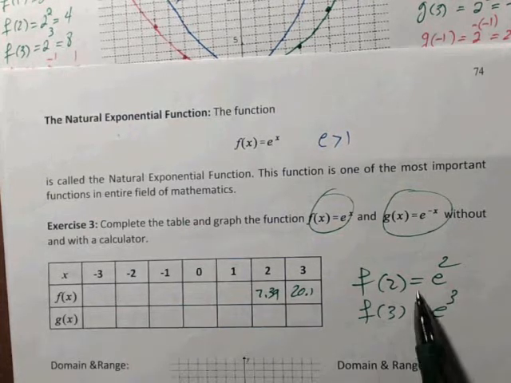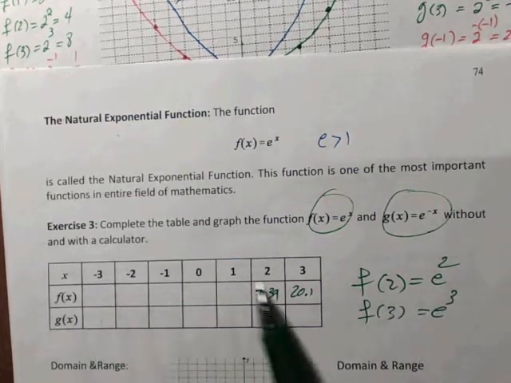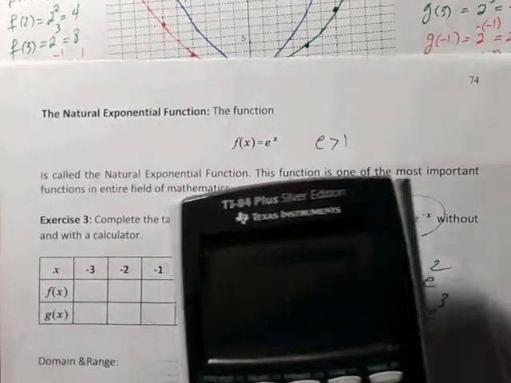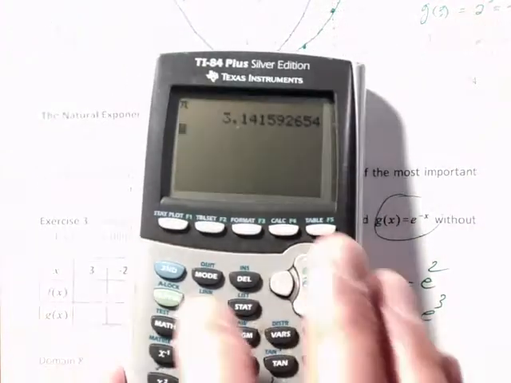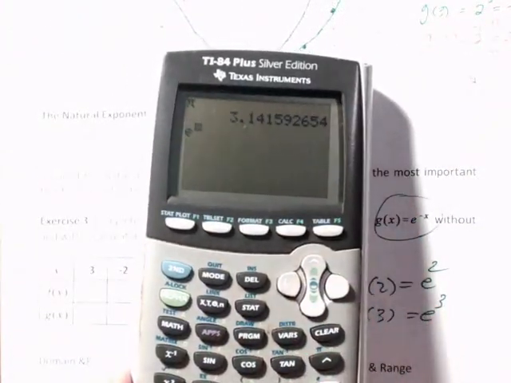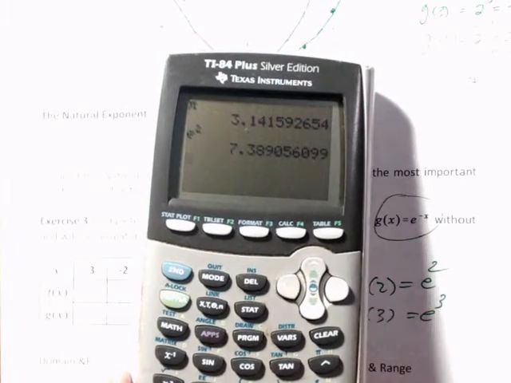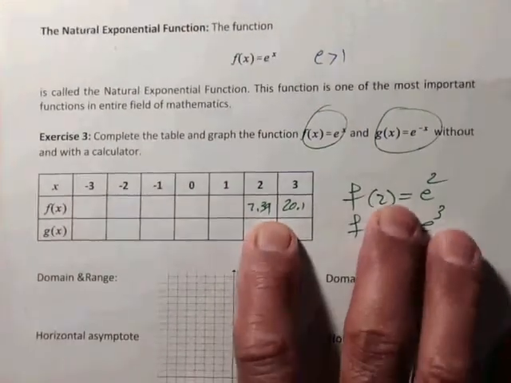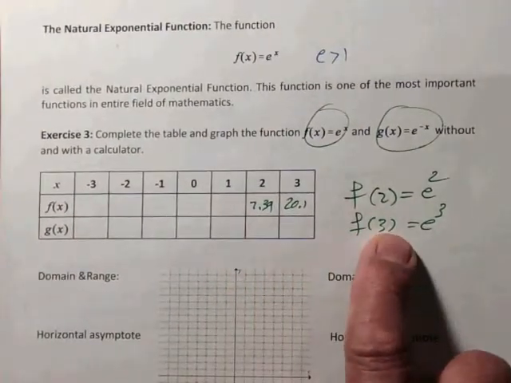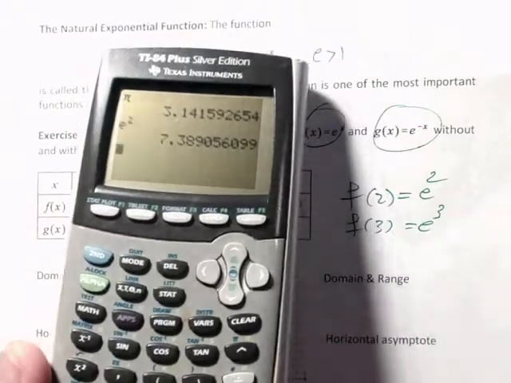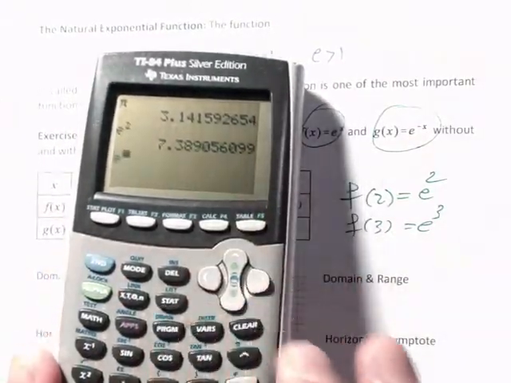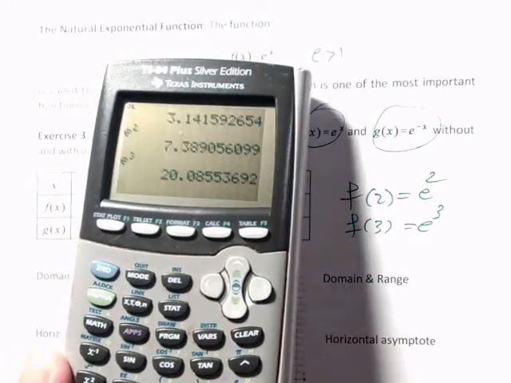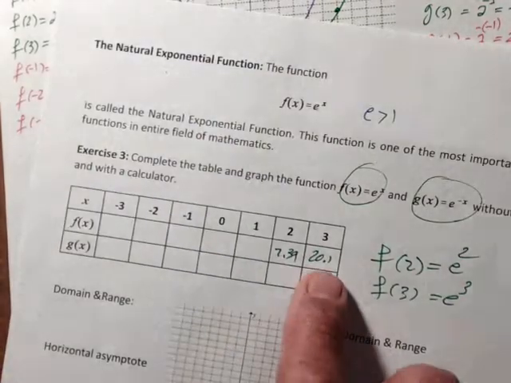If you want f of 2, it is e to the power 2, which is about 7.39. f of 3 is e to the power 3, about 20.08 or 20.1.